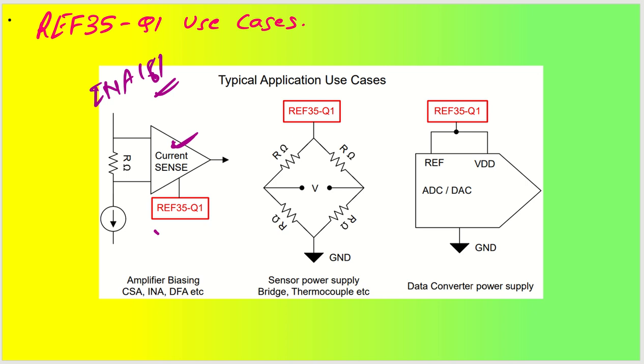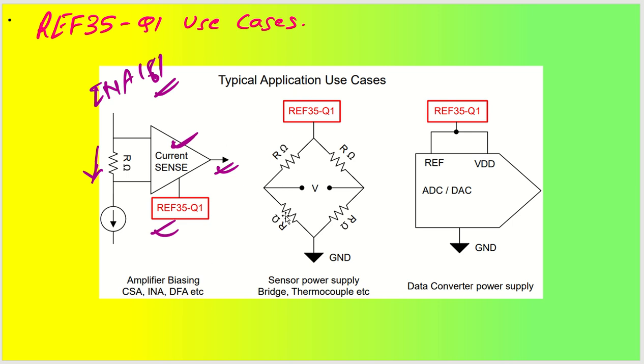In that case you can utilize this REF35-Q1 IC to give reference voltage, and this is how it is going to generate your reference voltage, and it will give you a current sense output amplification, correct? Some other ICs you can take up. I don't remember exactly the numbers of current amplifier. However, this is used in this particular segment. So you can see amplifier biasing for CSA, INA, DFA, etc.